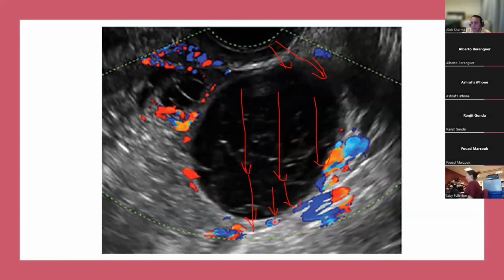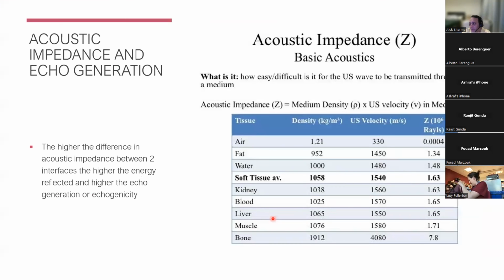Now, naturally, if you had bone in contact with skin, say, and there was not much soft tissue, then the acoustic impedance difference would not be very significant. What you would then see is very uniform shadows for bone, again with less reflection.